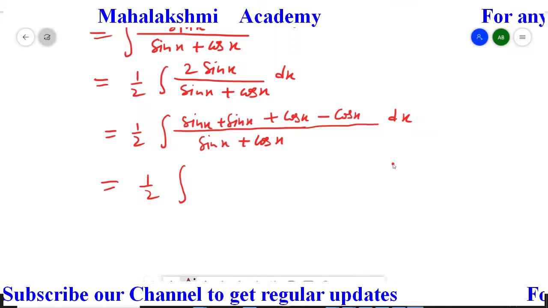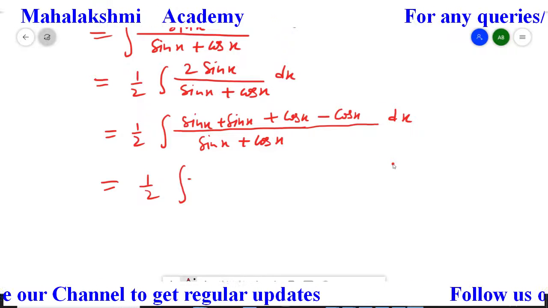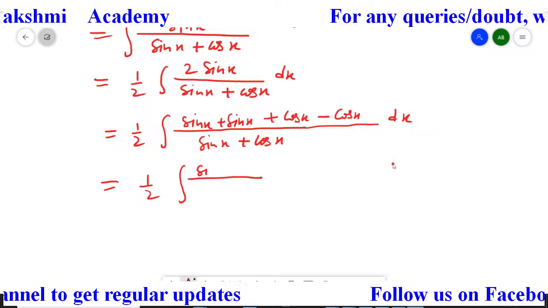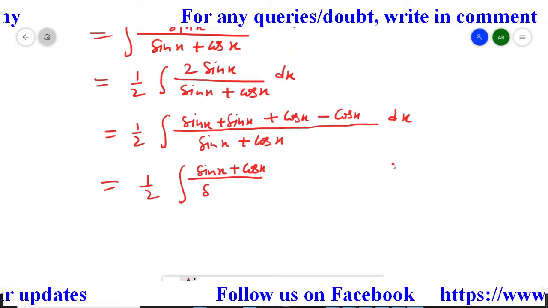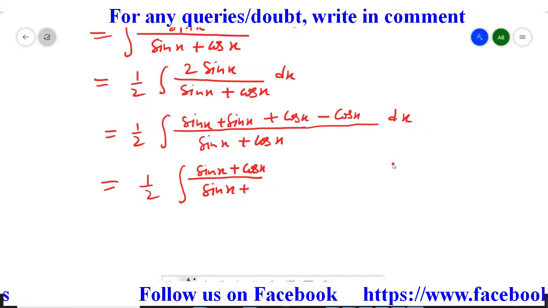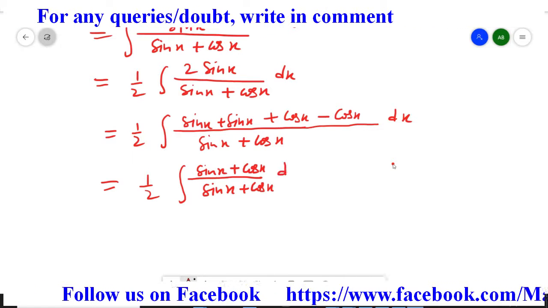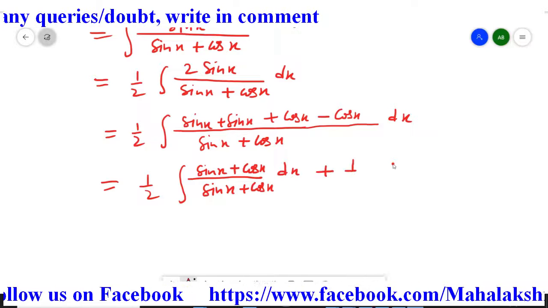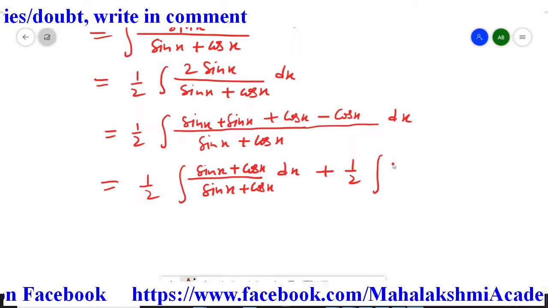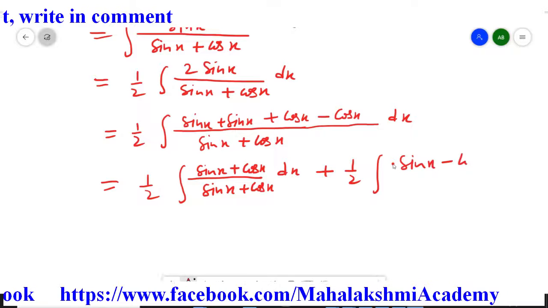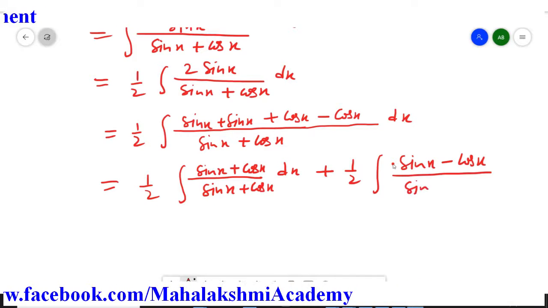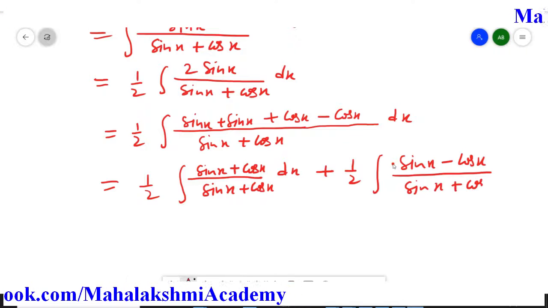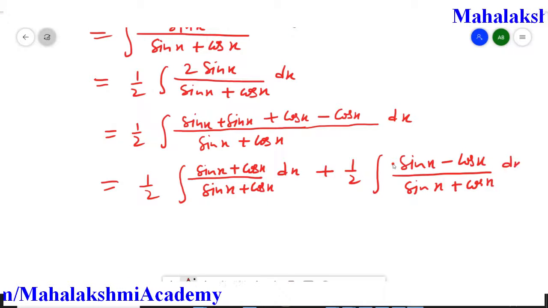So it's going to be half integration of sin x plus cos x, and in the denominator also sin x plus cos x, and then dx, plus half integration of sin x minus cos x divided by sin x plus cos x dx.